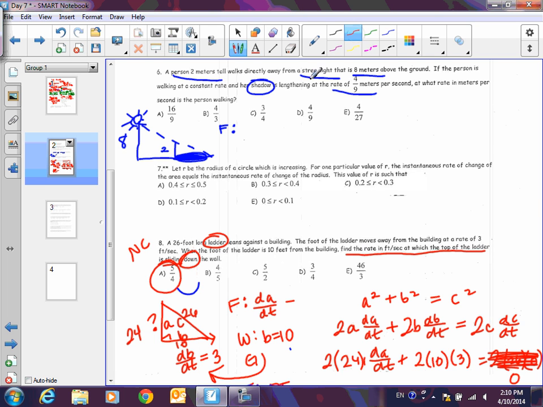So I need to go ahead now and put in some letters. You could pick letters. Picking S for shadow, that's not bad, but S looks a lot like a 5, so you have to be careful. I'm just going to put x and y. And so when this says she is walking at a constant rate of 4/9 meters per second, which one of these two things are they talking about changing?